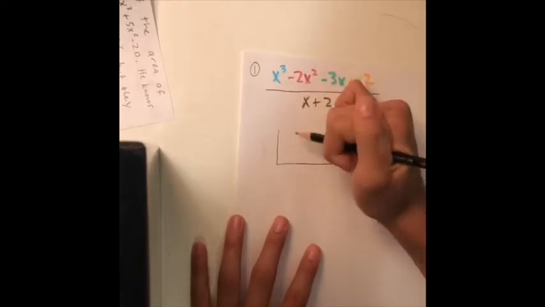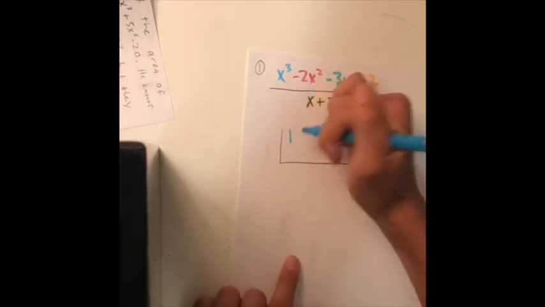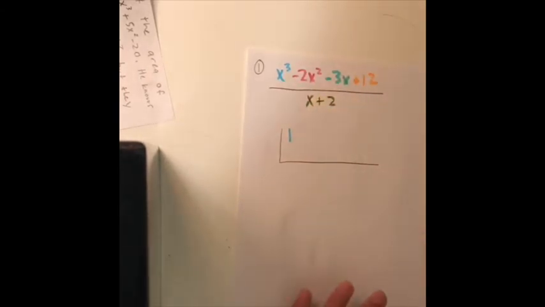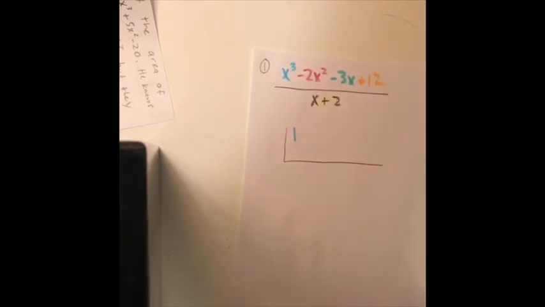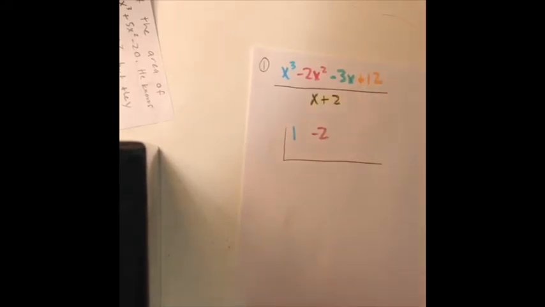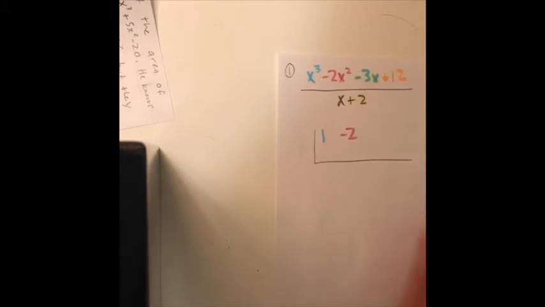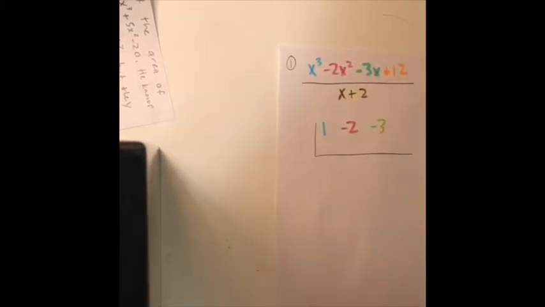The coefficient is 1, so I'll write 1 here. The negative 2x squared, the coefficient is negative 2, so I write negative 2. The x, it's negative 3, so negative 3. And this one's just 12.